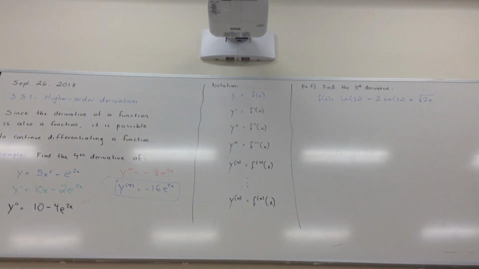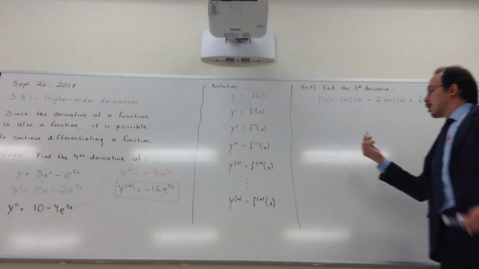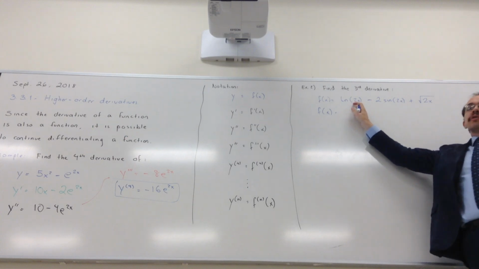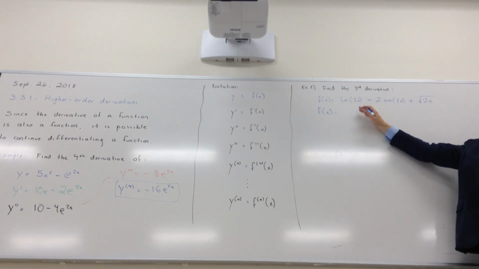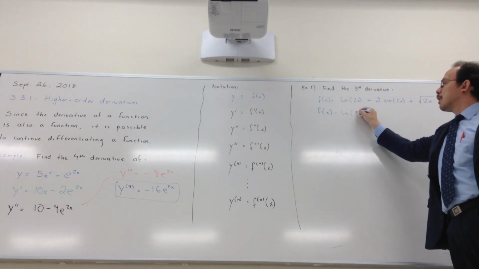Let's say we have f of x equal to ln of 2x minus 2 sine of 2x plus the square root of 2x. In this case, before I start, do I need to rewrite anything? Yes. Which one? Well, for the ln you could rewrite by separating, or you can leave it like that and just use chain rule. So that will be fine. Let's leave it like that.